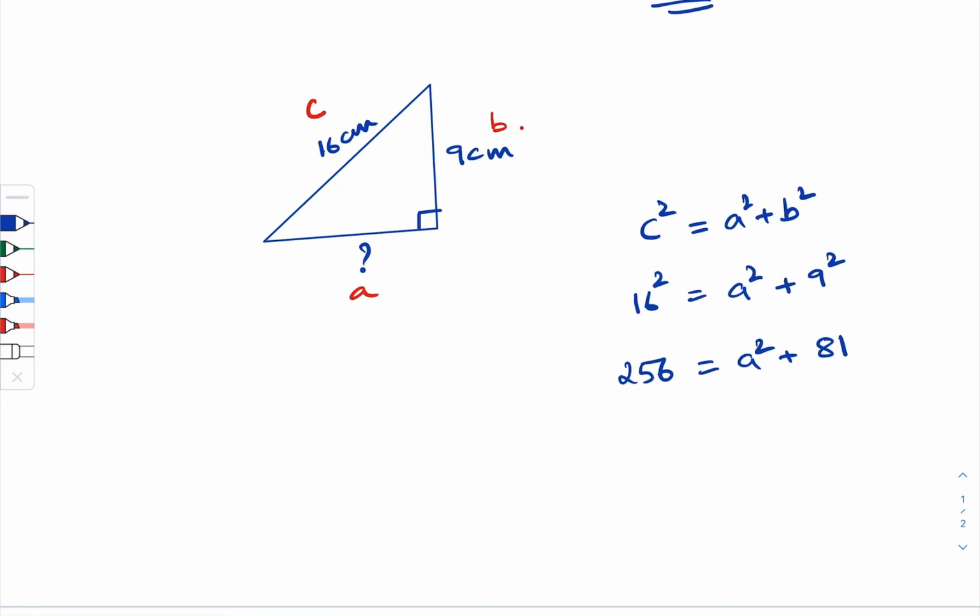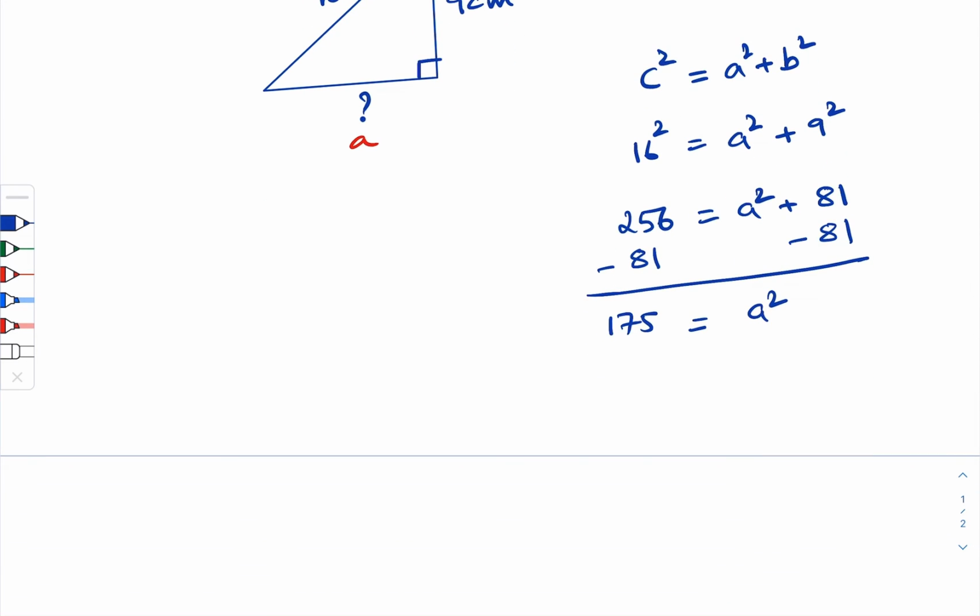So let's pull the 81 over to the other side so we can combine it with the 256. I'm just going to do this in my calculator. 256 minus 81 gives me 175.